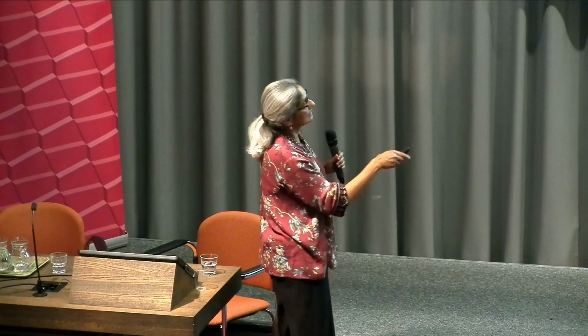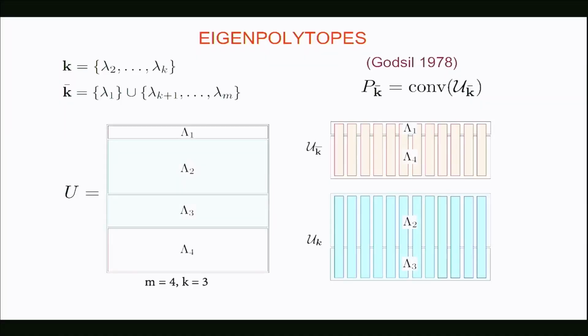So ignore lambda 1, because lambda 1 is special. Put lambda 1 with the complement. So I have K, which is lambda 2 to lambda k, and then K bar is everything else. And then we color the entire eigenvector matrix according to the ones we want to average and the ones we don't want to average. So the blue ones we want to average, these eigenspaces. The pink ones are the complement.